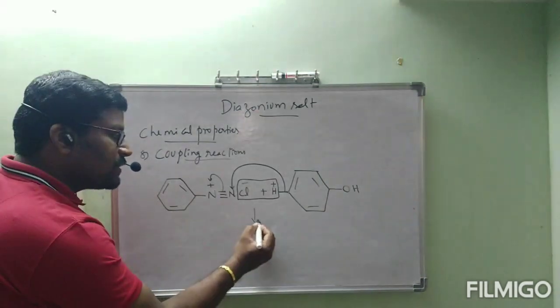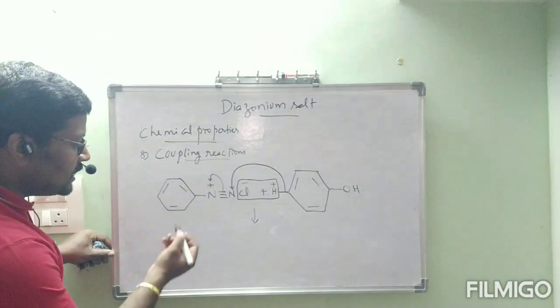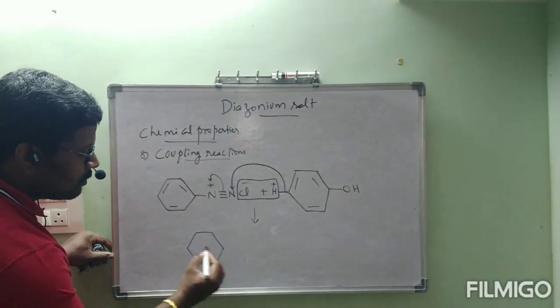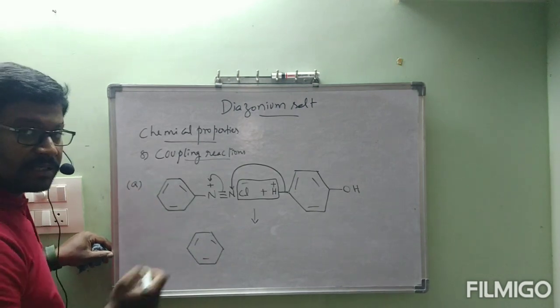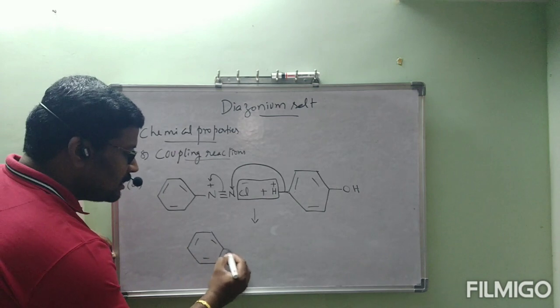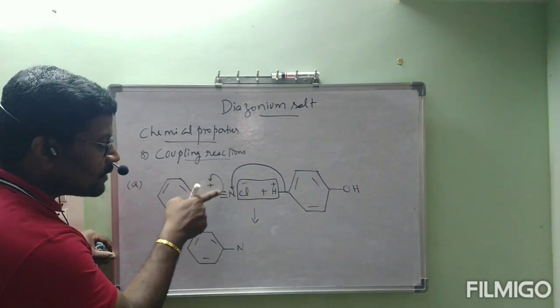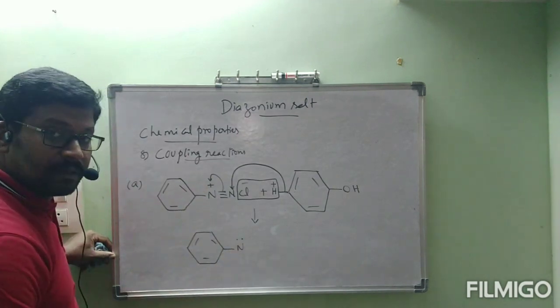First we will write the reaction, after that I will explain one more time. Easy only. Benzene ring. Under this coupling reaction, this is A. Nitrogen has a triple bond; one bond is shifted towards plus, so it gets a lone pair.